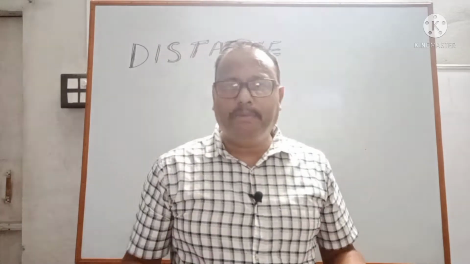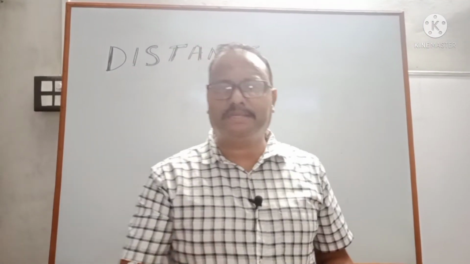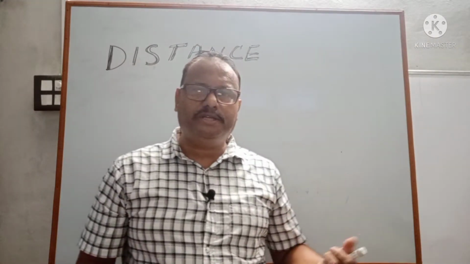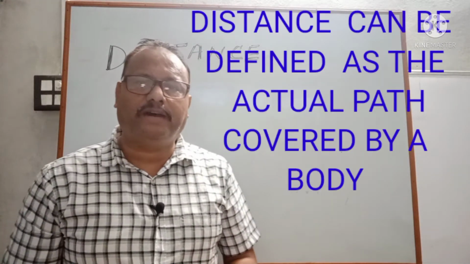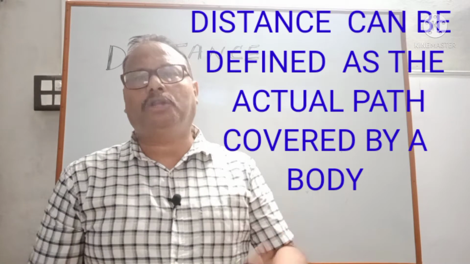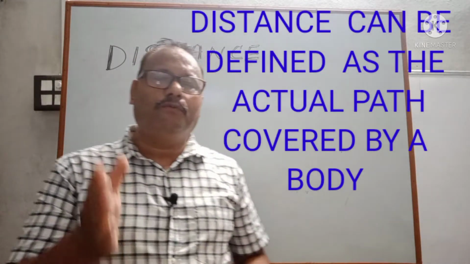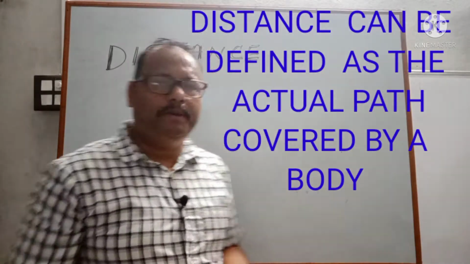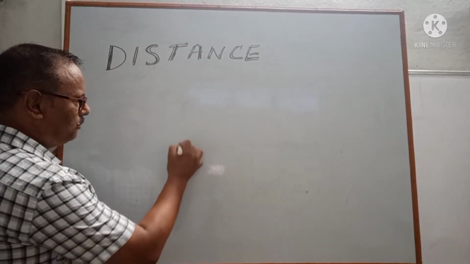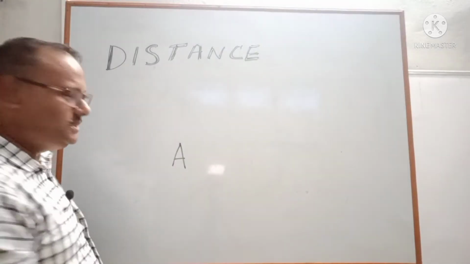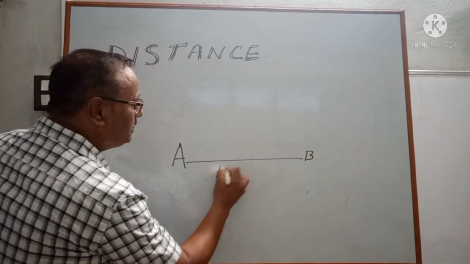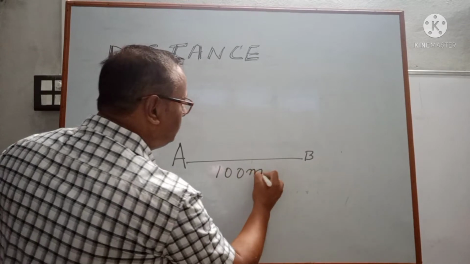So what we speak as distance in normal English is a little bit different in terms of physics. Here, distance can be defined as the actual path of movement of an object from one place, that is the place of origin, to the new place where it has reached. For example, if we take a point A, from A to B a person has traveled 100 meters.